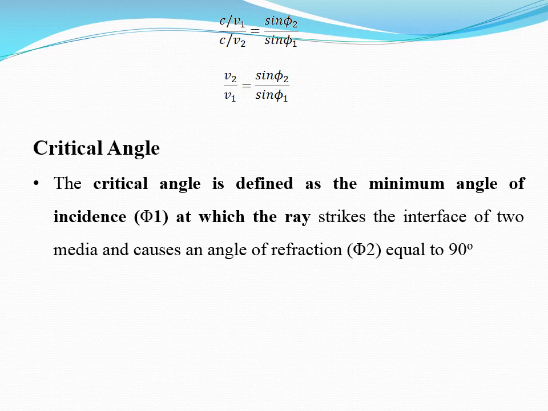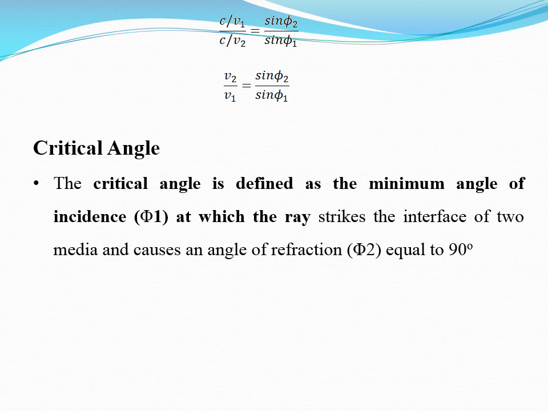So using that concept, n1 is equal to c by v1 and n2 is equal to c by v2, which is equal to sine of phi 2 divided by sine of phi 1. If I cancel out this c and c, because they are the velocity of light in air or vacuum, then v2 by v1 will be equal to the sine of the angle divided by the sine of the angle phi 1. So this is how we have an expression for v2 and v1.